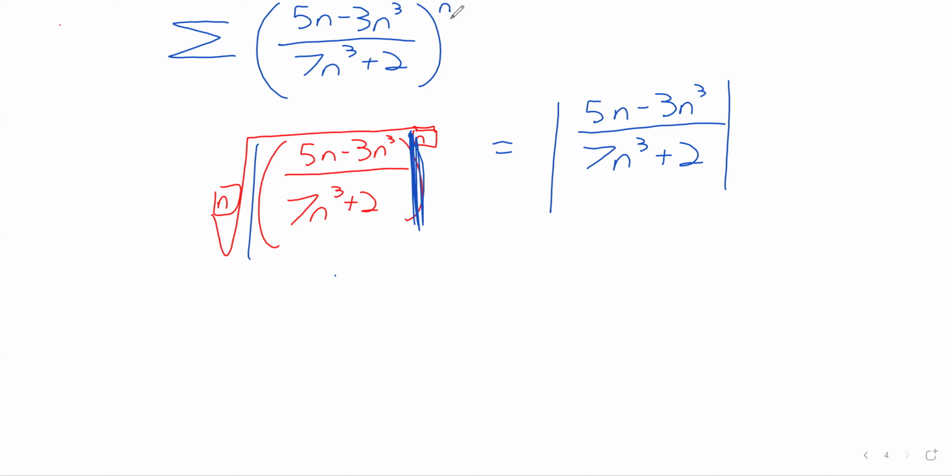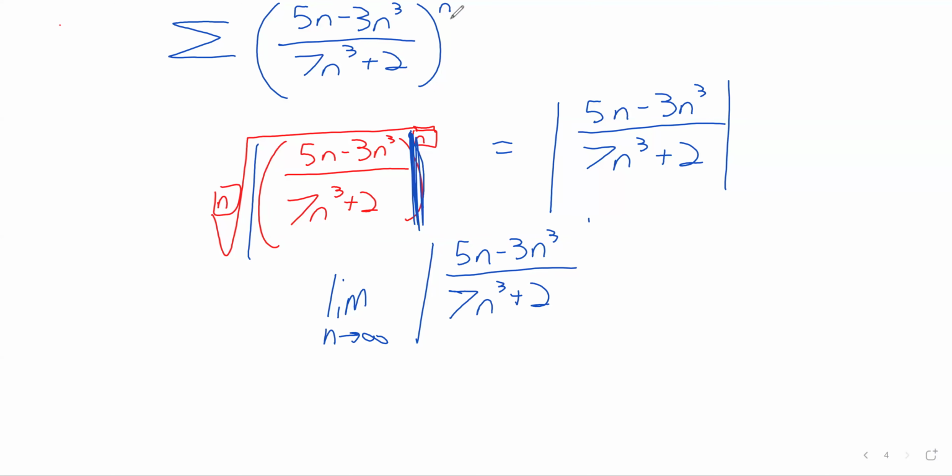Again, just like the ratio test, we're taking a limit here. Depending on how comfortable we are, we can either hit this with L'Hopital's rule a few times, or we can say, well, this is a rational function and it has a horizontal asymptote.